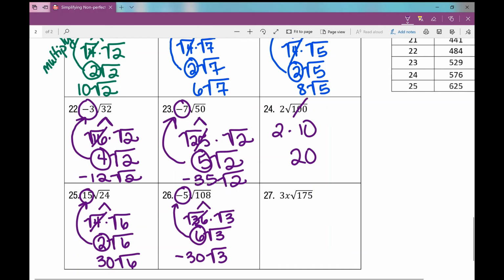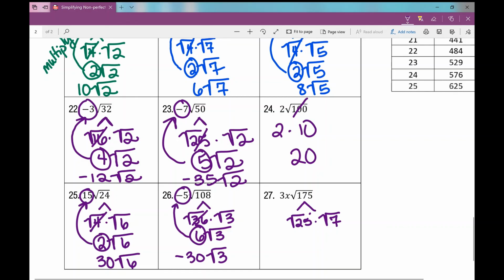And let's do our last and final problem. I've got 3x times the square root of 175. So I need to simplify only what's underneath our radical. And the biggest perfect square that goes into 175 is 25. 25 times 7 is 175. Therefore, the square root of 25 times the square root of 7 is the square root of 175.